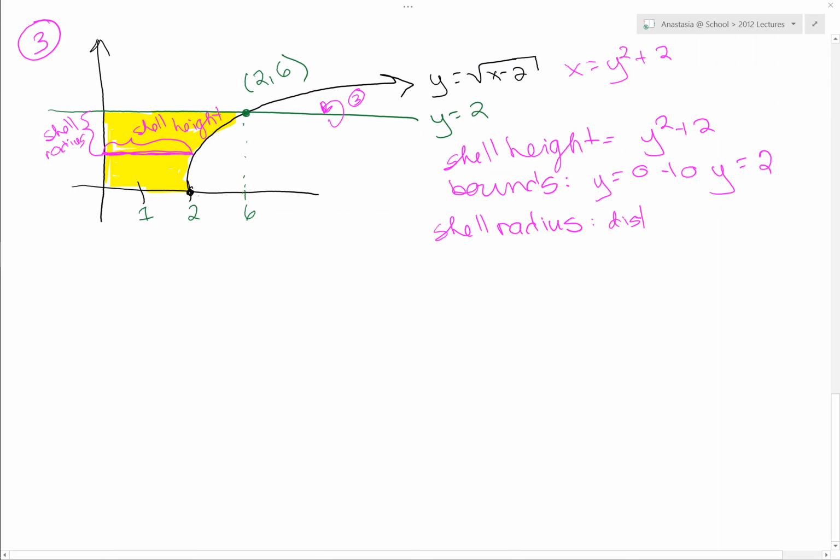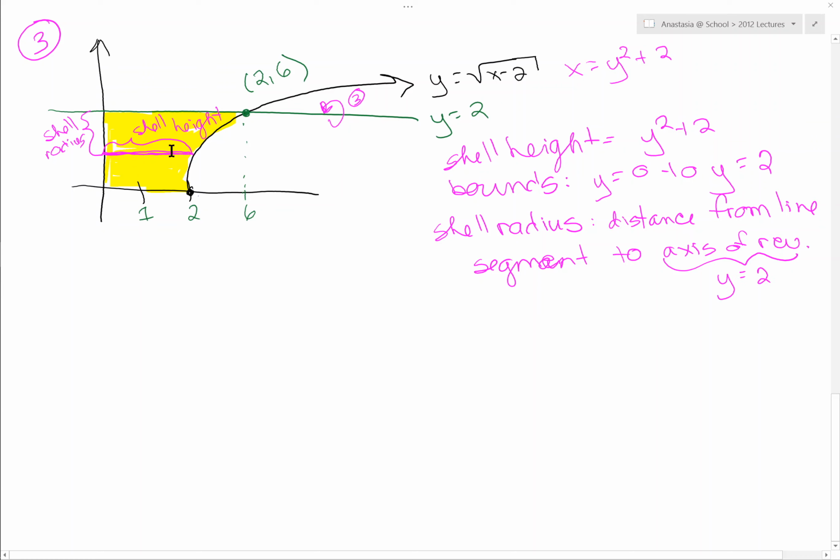It's the distance from our line segment to the axis of revolution. Now our axis of revolution in this case is y equals 2.